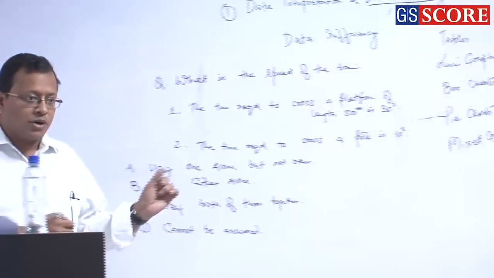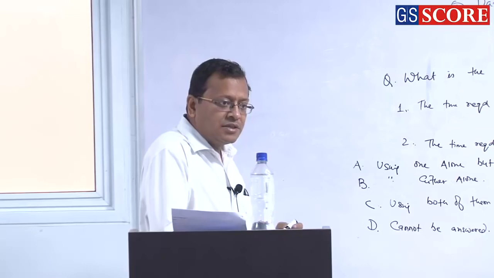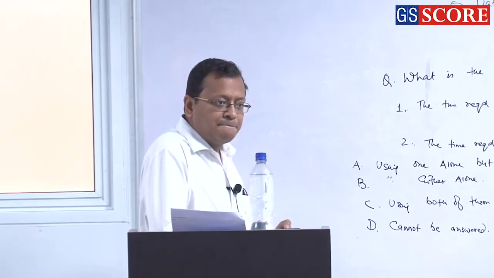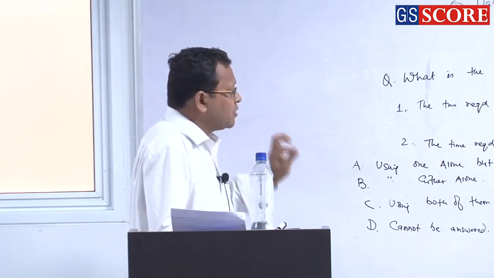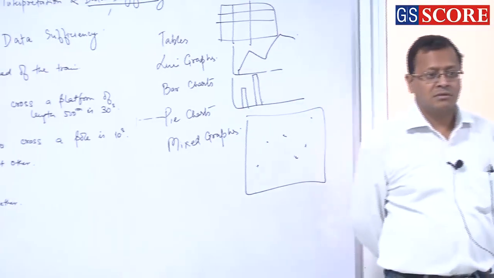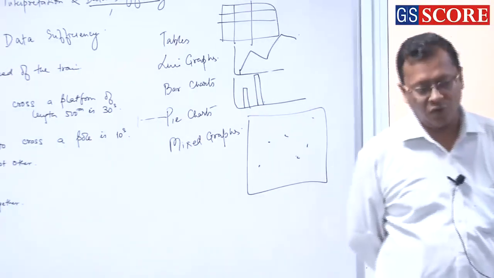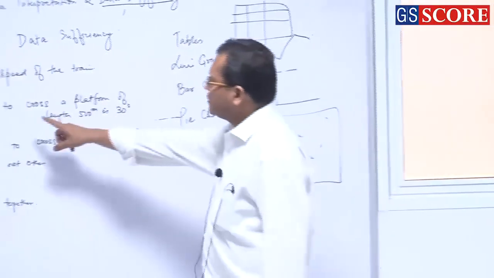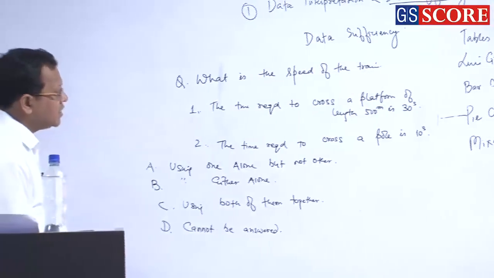So tell me what is the answer to this question, whether it is A, B, C or D. A means question can be answered using one statement but not the other. Which statement gives you the answer to the question? First statement. How? Okay. So when we say the time required to cross a platform of length 500 meter is 30 seconds.